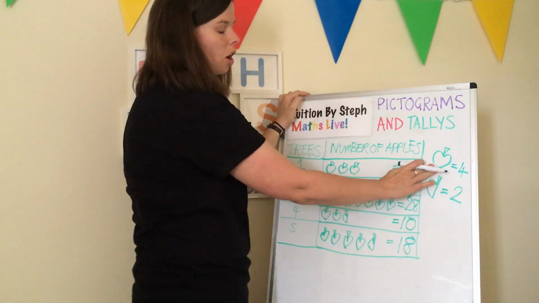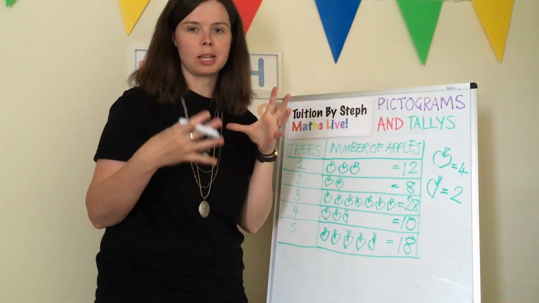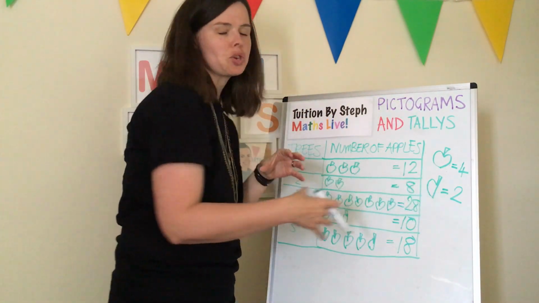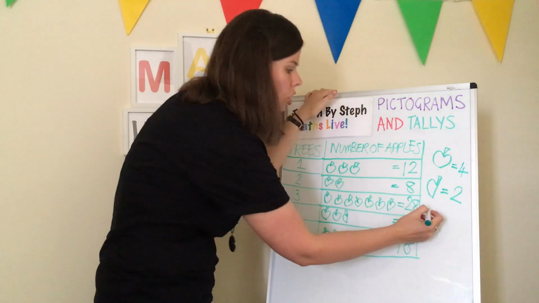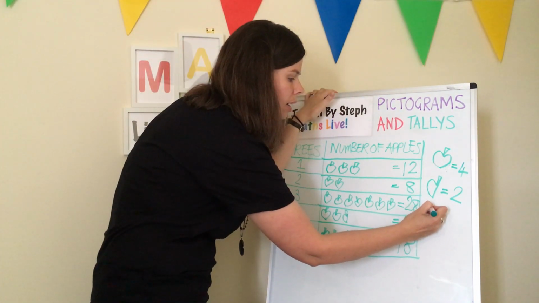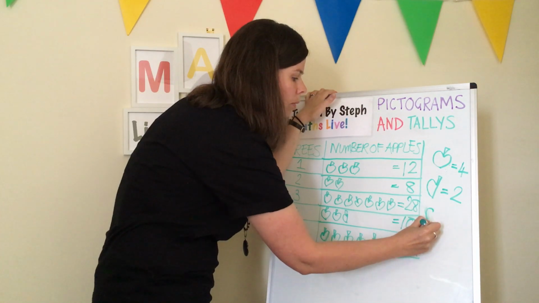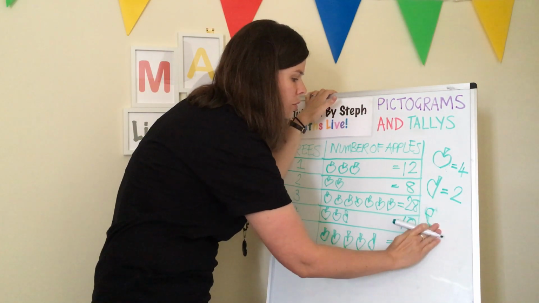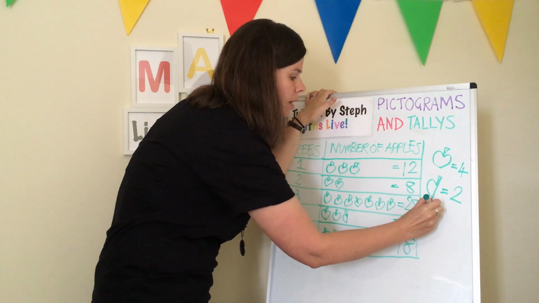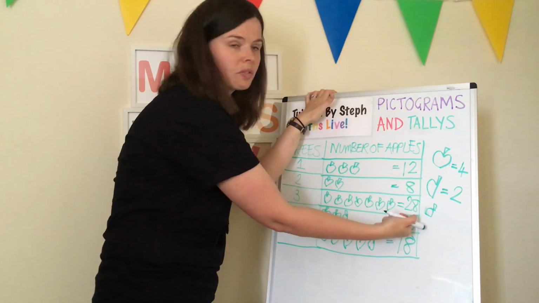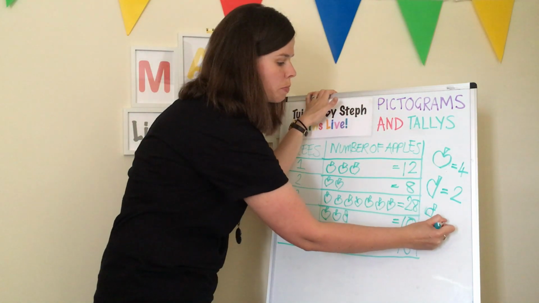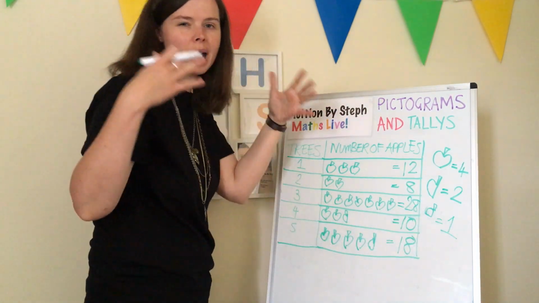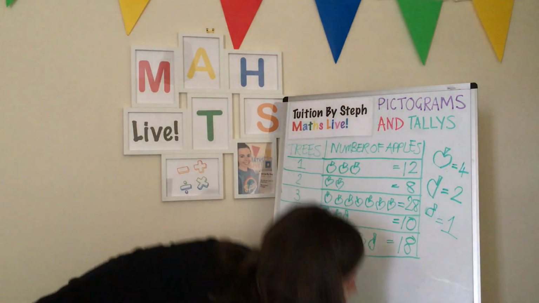So just because one whole apple represents a number, it doesn't mean that you can't have a half or a quarter. You could. So if you see that, that would mean a quarter of an apple, that's been split into quarters. That would be 1. But that's normally higher level. That's normally going into year 6.